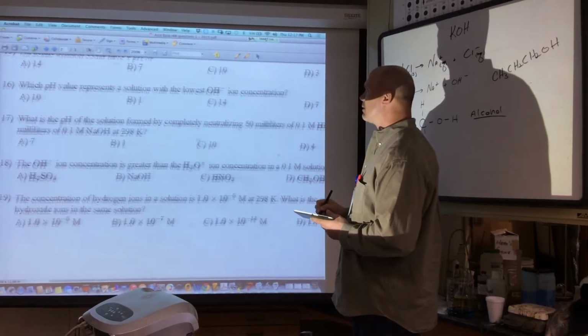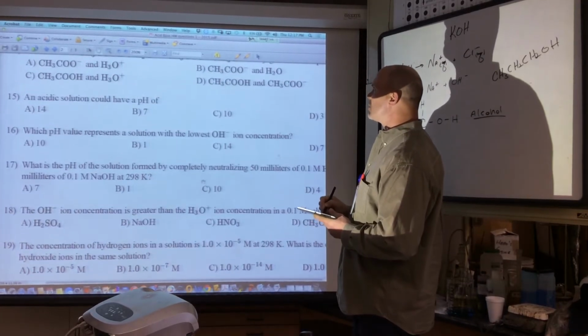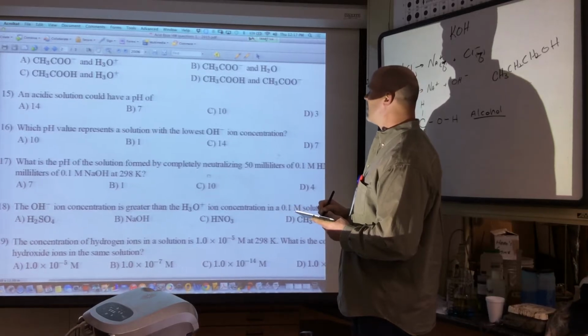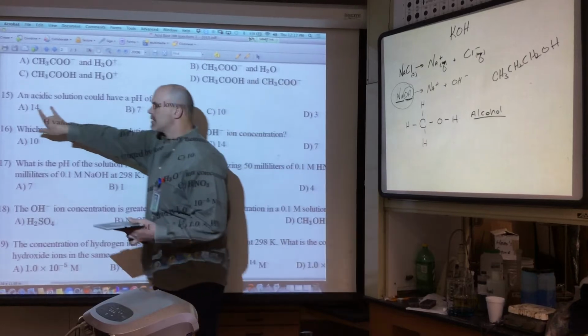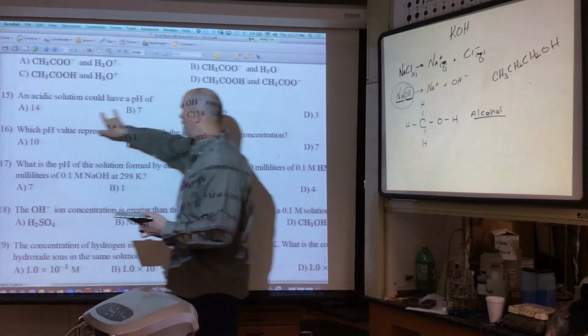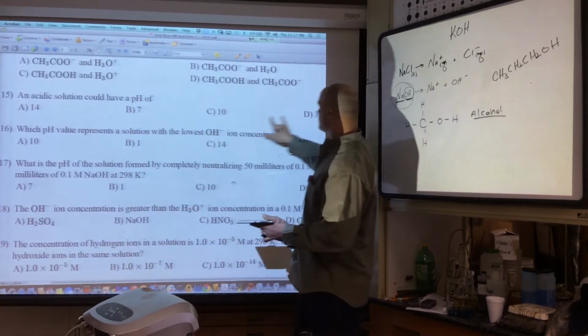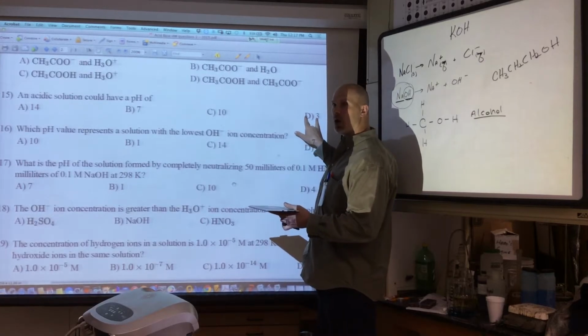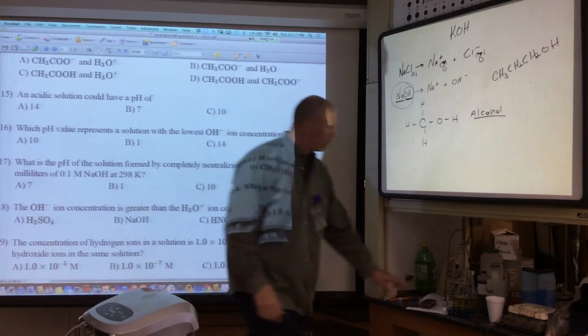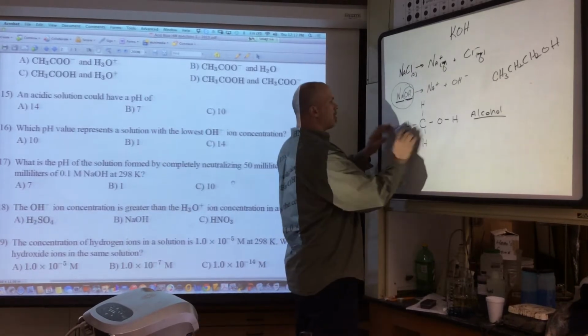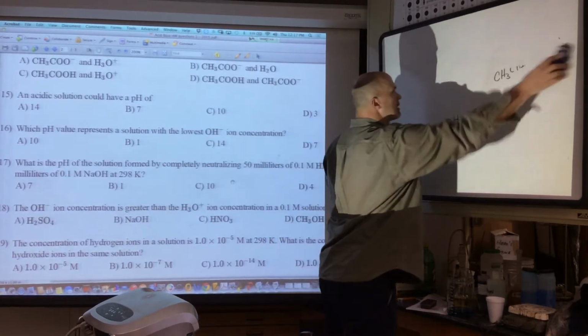Sure, absolutely. An acidic solution can have a pH of, well, when we're above 7, we have more hydroxides than H pluses or hydroniums. At 7 we have equal, so the acidic solution is the lowest. If I have a low pH, what does that mean? Think this way, people.